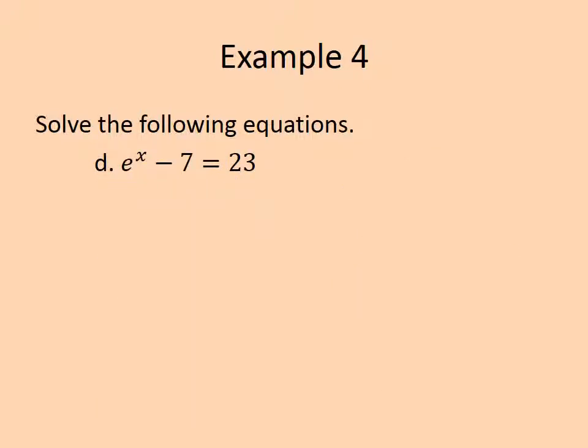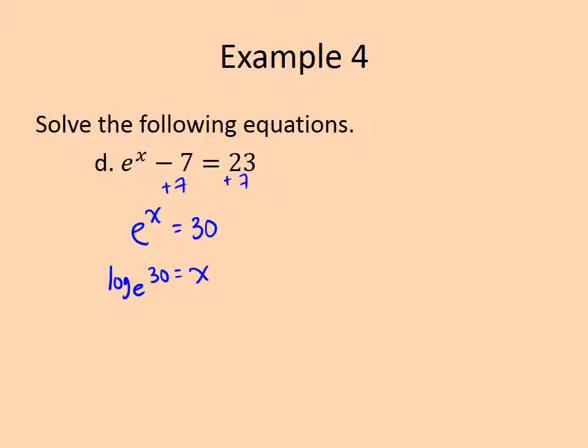Once again, there are two methods, but before we can use the first method, we must isolate the exponent. So we're going to add 7 to both sides, and we get e to the x equals 30. Now, if we change it from exponential form into log form, we would write log base e of 30 equals x.